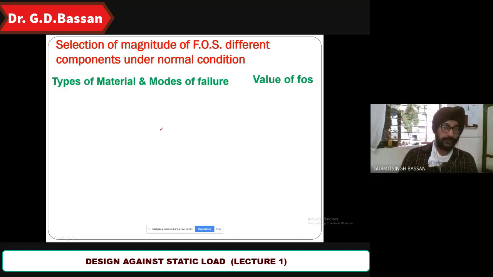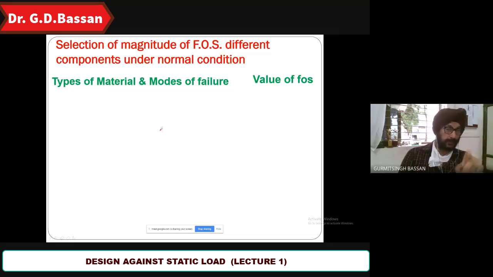Till now, we have discussed low or high. Using those practical parameters, the range of the value of the factor of safety will be different. These are the normal ranges given to the factor of safety under normal working conditions.